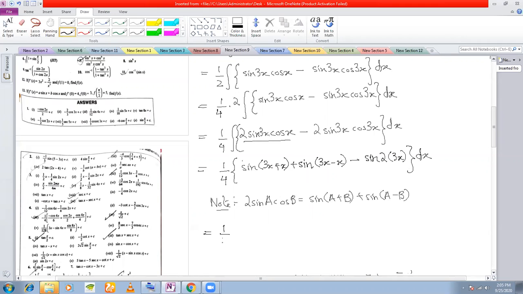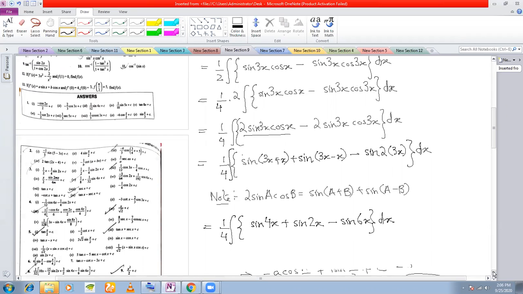So this is 1/4, I forgot to give an integration sign here. 1/4 integration of sine 4x plus sine 2x minus sine 6x dx.